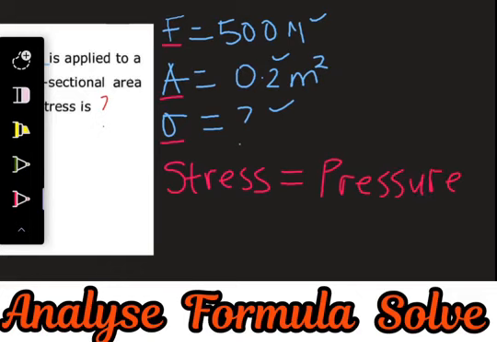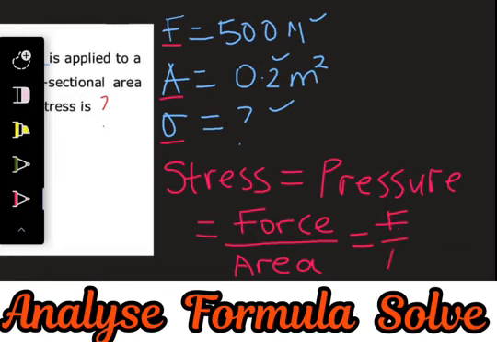The formula for pressure is what? Force per unit area. That's the definition of pressure. So we can get out the formula from the definition. Force per unit area, per is over, divided. So force divided by area. That is the formula for pressure. So this becomes the formula for stress.